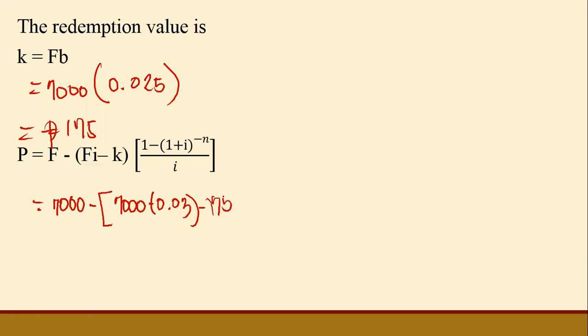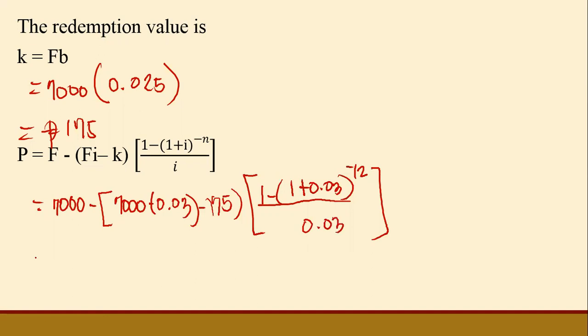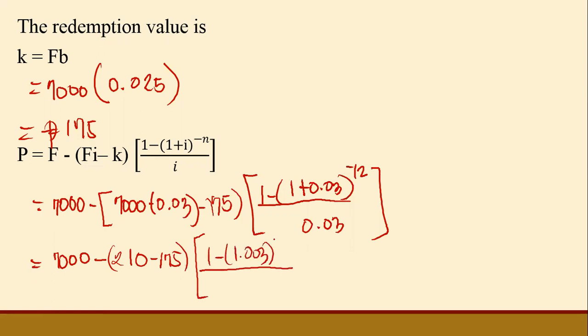And then, nasa loob ng bracket, 1 minus quantity of 1 plus 0.03 raised to negative 12 over 0.03, the value of I. So next, this is 7,000 minus 210. 1 minus 1.03 raised to negative 12.